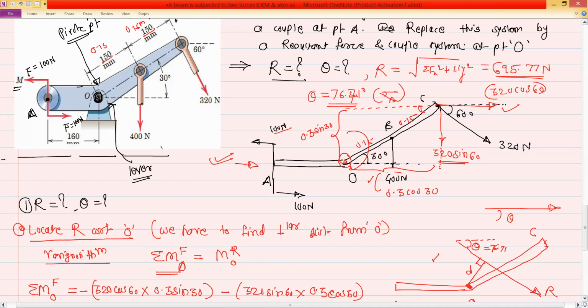The next force is 400 Newton. For the 400 Newton, it is acting at this point. So this small distance, the highlighted distance, is the perpendicular distance. This is 0.15.